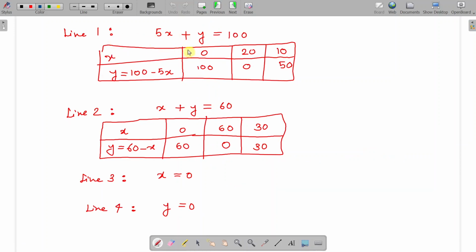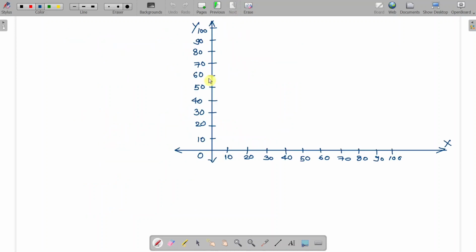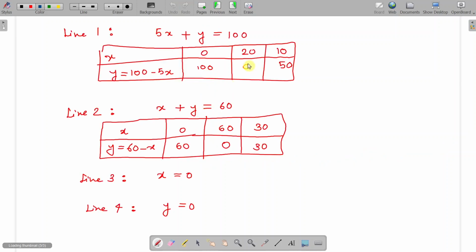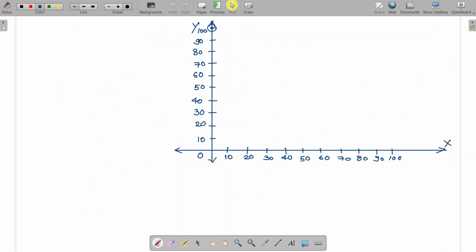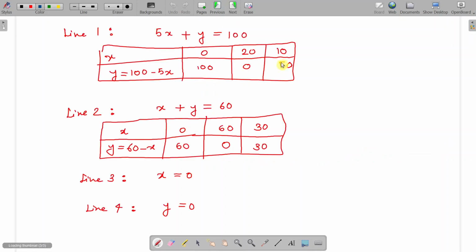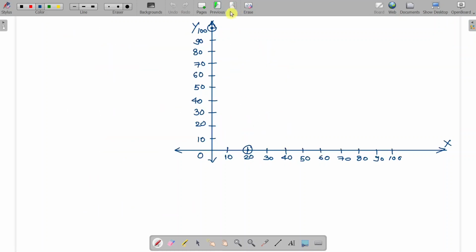So when x is 0, y is 100, right? So the point will be here. When x is 20, y is 0, so the point will be here, right? And when x is 10, y is 50, so like this here. Okay, so 3 points.